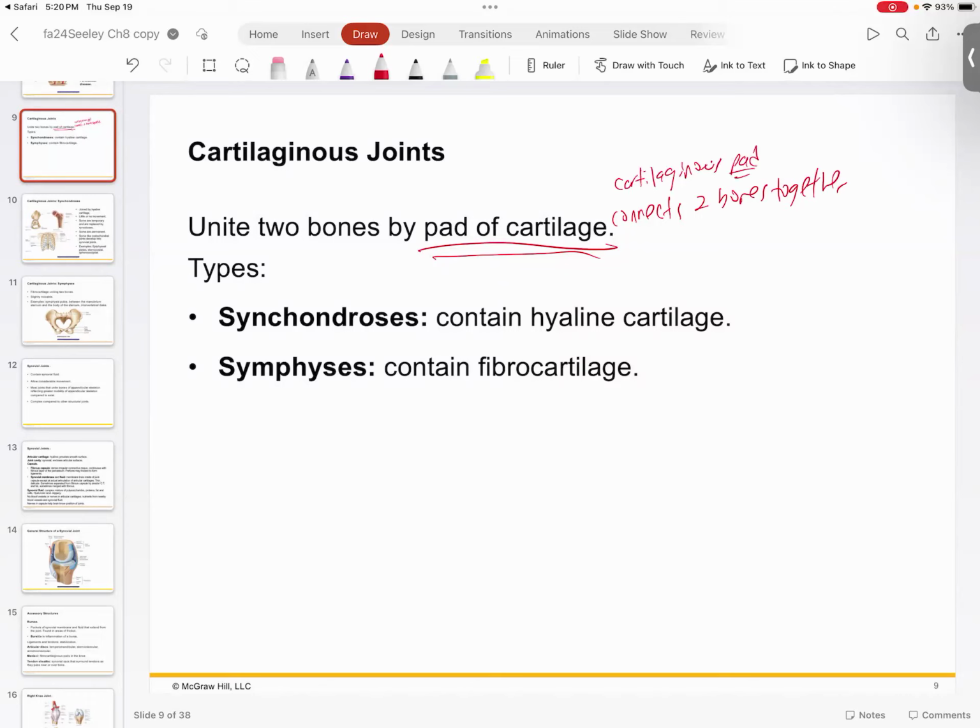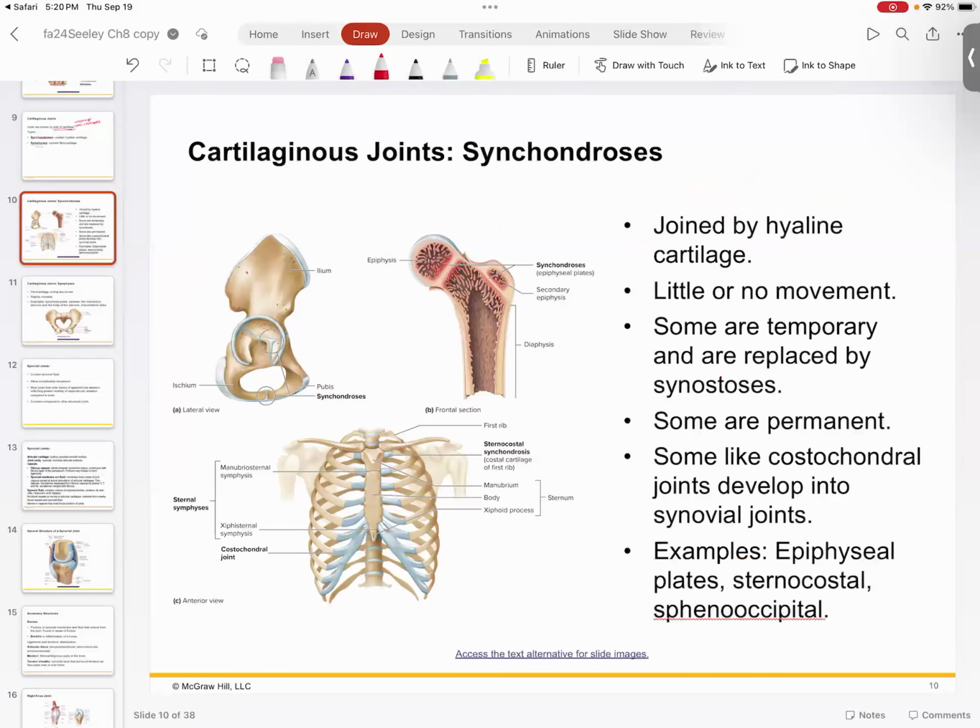So you have two different types of cartilaginous joints. You have what's called a synchondrosis. Basically, these are hyaline cartilage types of joints. And then you have a symphysis. That's a fiber cartilage joint, that white fiber cartilage, that tough, very strong type of cartilage. When you see a joint that's joined by hyaline cartilage, normally speaking, you're not going to have a lot of movement, right?